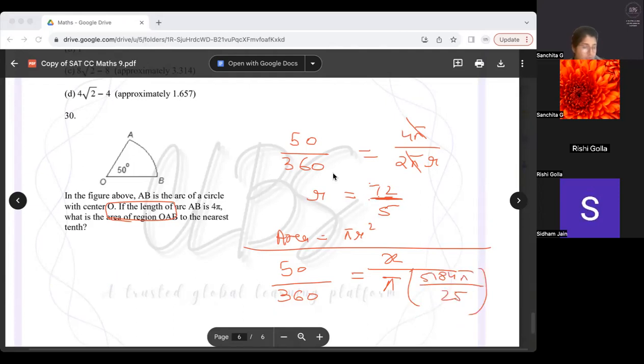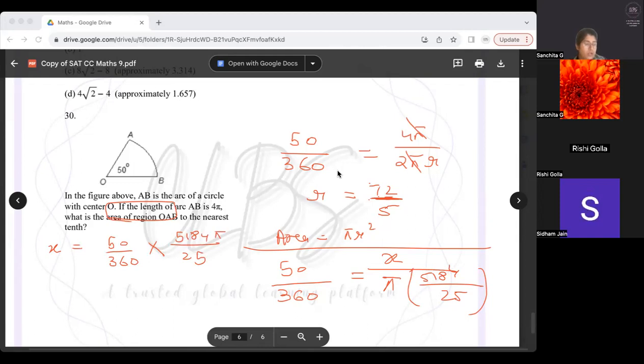Then it'll be 5184 pi into 2 by 360. The value x is 5184 divided by 25. So I just cross multiply: 50 times 360 multiplied by 5184 by 25. 5184 only, because it's in the denominator fraction. 5184 divided by 25 pi.